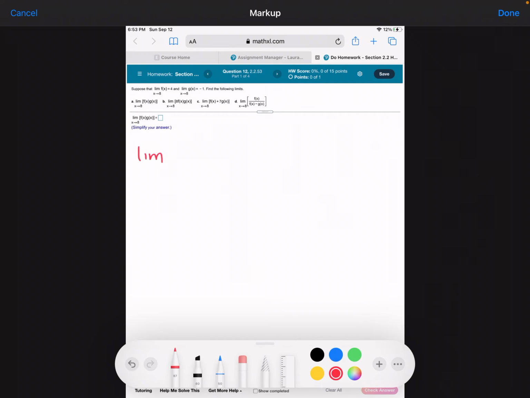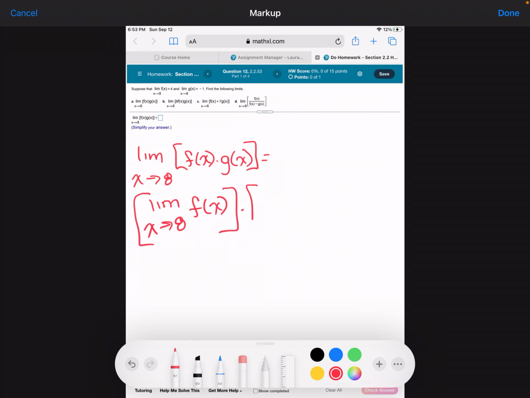So we have the limit as x approaches 8 of f of x times g of x. There is a limit law that says that this is the same thing as the limit as x approaches 8 of f of x times the limit as x approaches 8 of g of x.